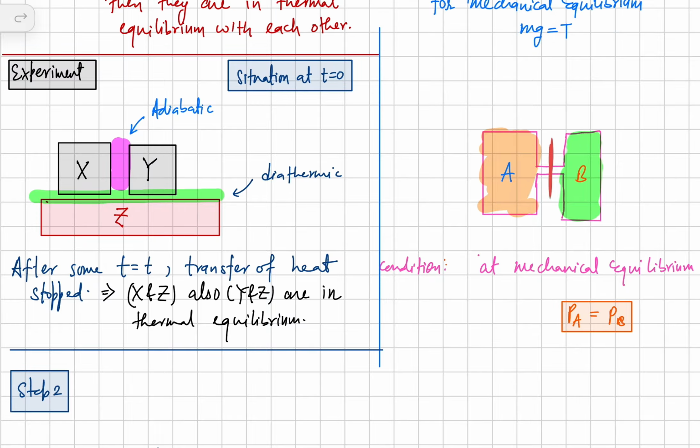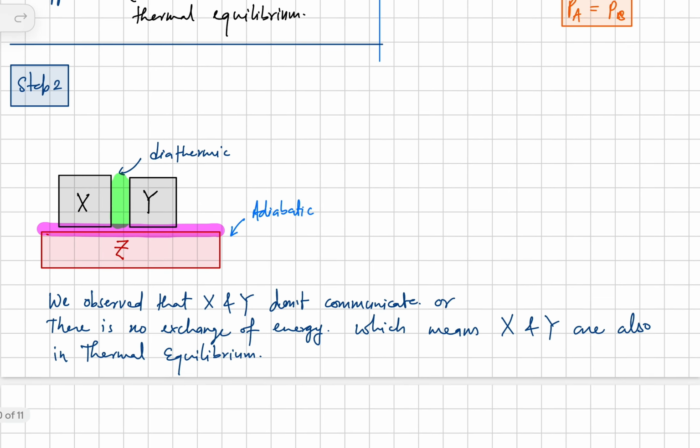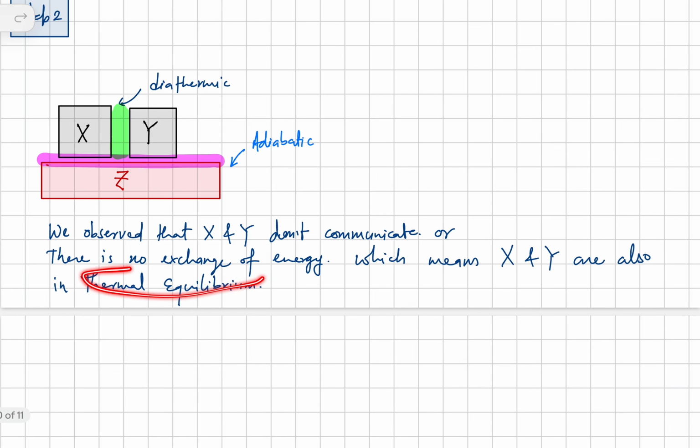So what do we see? In step 1 we have seen that x, z and y, z are in thermal equilibrium, and in the second step we have seen that if this is true, then x and y are also in thermal equilibrium.